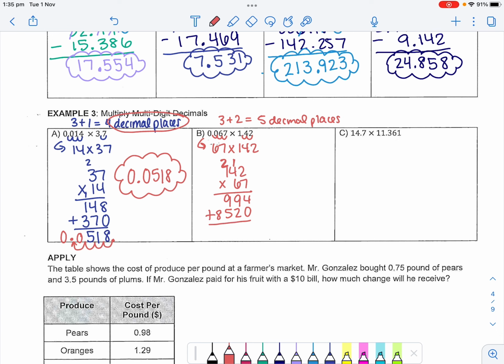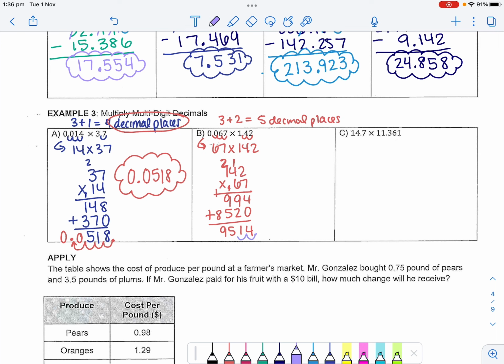And then I'm going to add these things together. So 4, 9 plus 2 is 11, 1 plus 9 is 10, plus 5 is 15, and then 8 plus 1 is 9. So 9514.